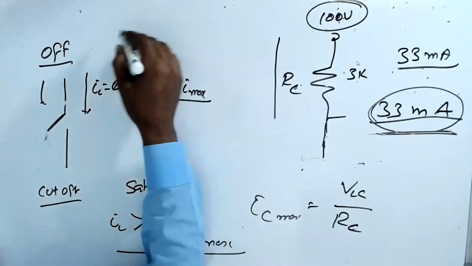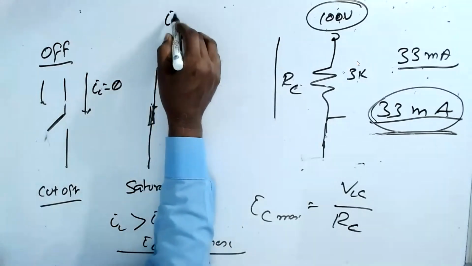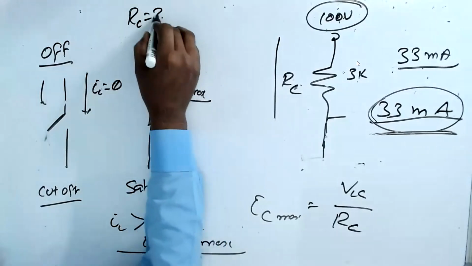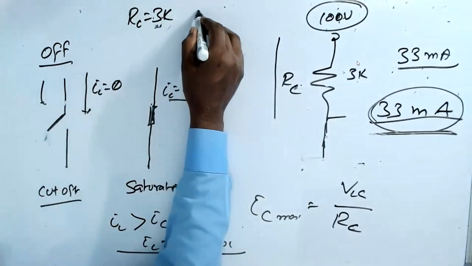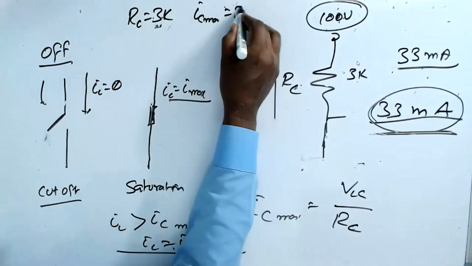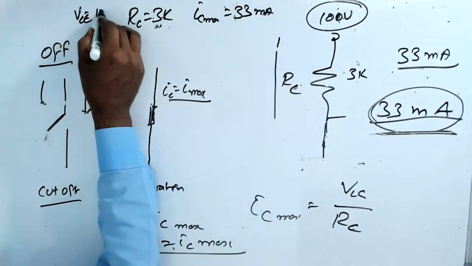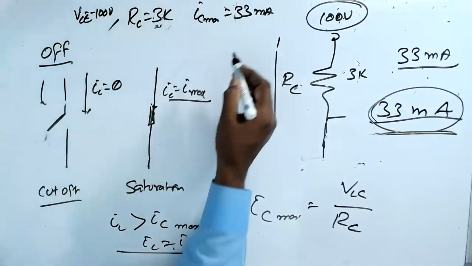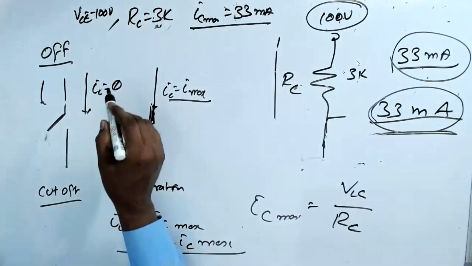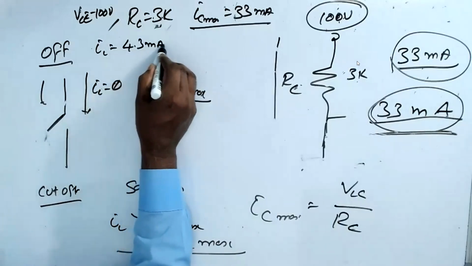In the last equation, because RC is equal to 3K, IC max is equal to 33 milliampere, because VCC is 100 volt. So we have calculated IC max is 33 milliampere. Now IB is how much? 4.3 milliampere. Beta is 10.